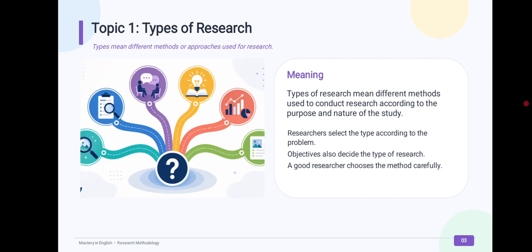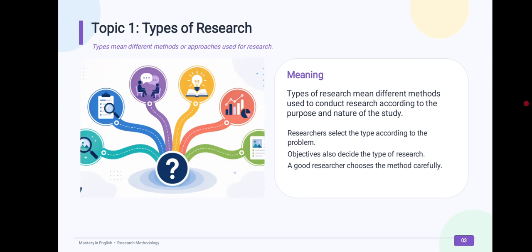We can say that types of research mean different methods or approaches used for conducting research according to the purpose and nature of the study. Selecting the correct type of research is very, very important because it helps the researchers to collect stable data, gives accurate results and improves the quality of the study.